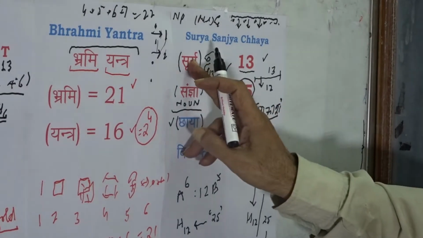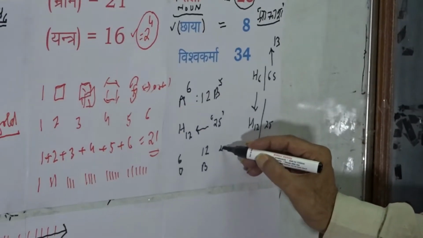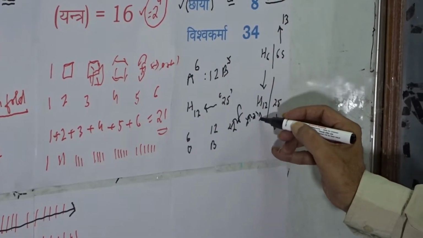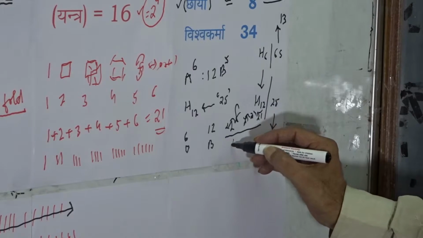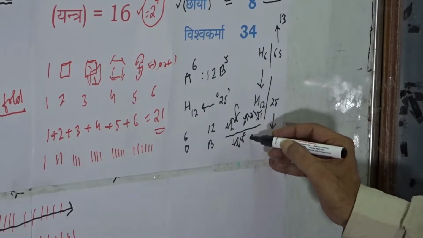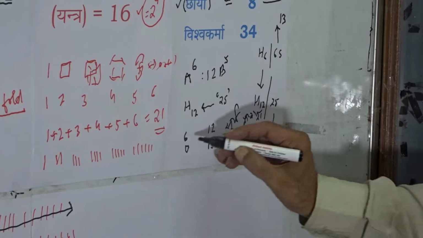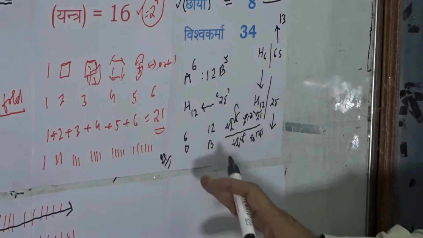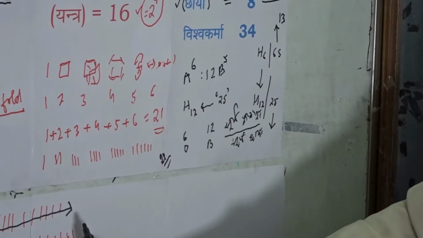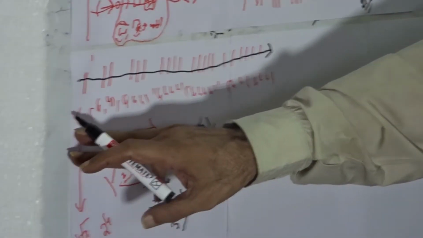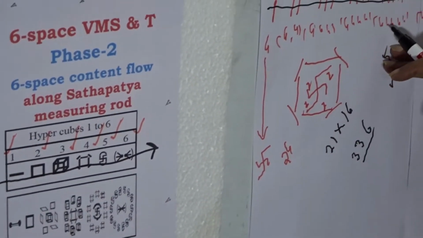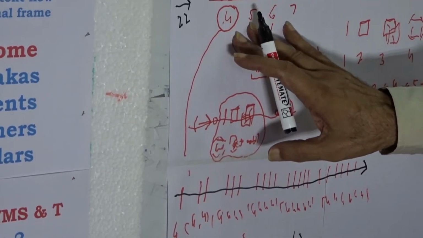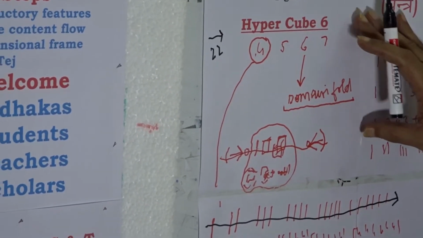Therefore, Surya Akash as Surya Chaya is leading us to value 21, and it takes us back to the availability of 21 gaps of the formulation fourfold manifestation layer of hypercube 6.